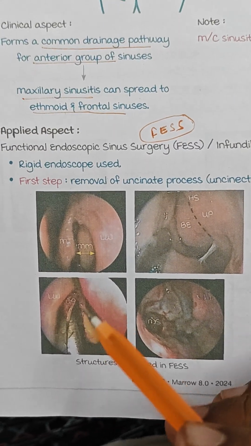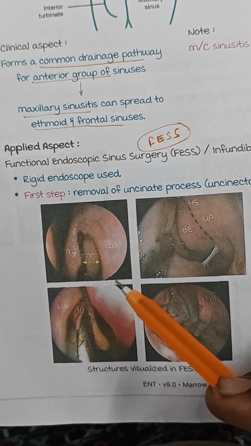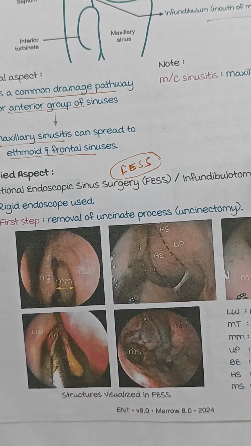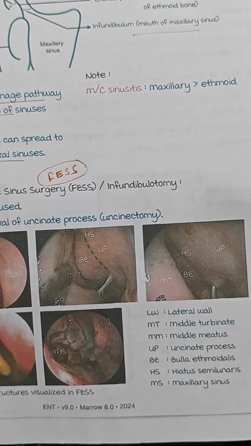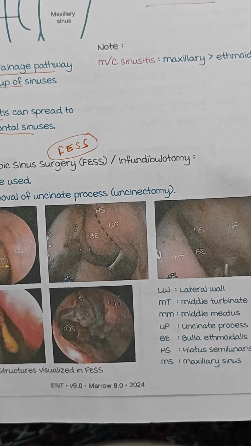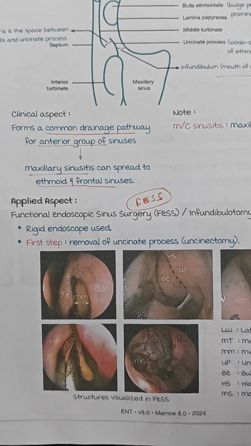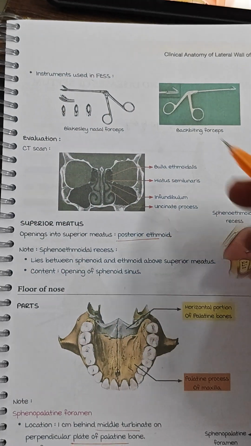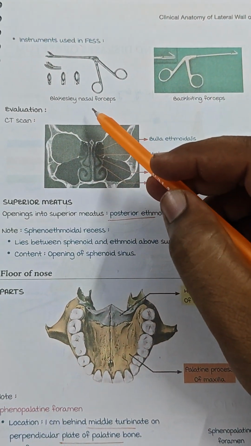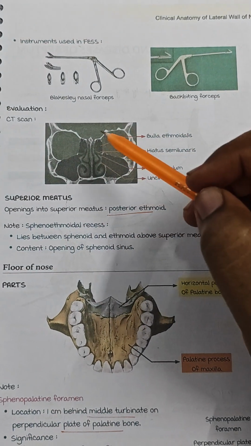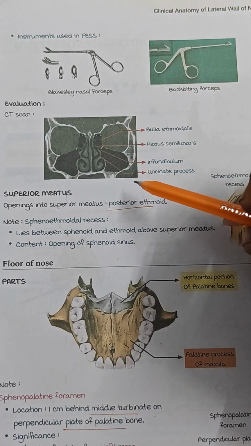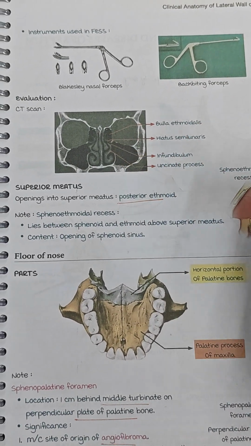We can see clearly in this diagram the middle turbinate and the lateral wall, the middle meatus and uncinate process. Instruments used are Blakesley nasal forceps and backbiting forceps. In the CT scan, we can see the bulla ethmoidalis, uncinate process, infundibulum, and the maxillary sinus.